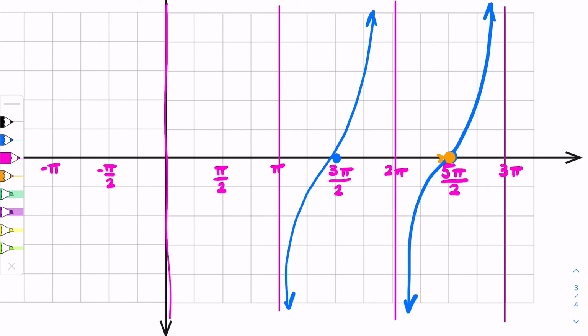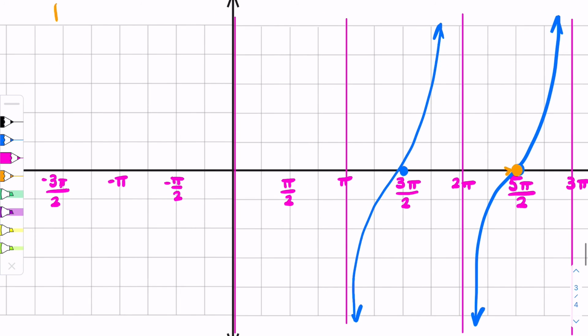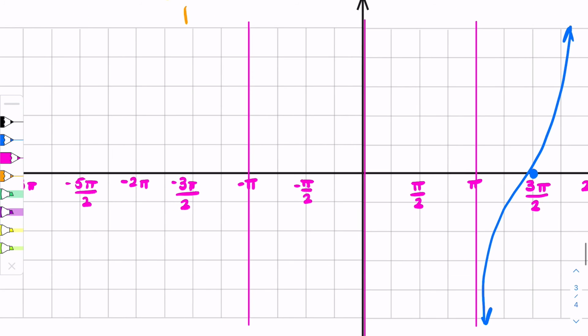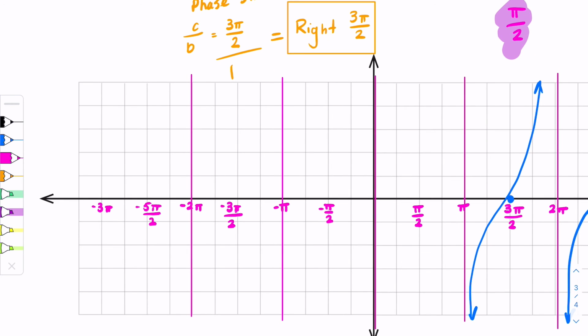Next asymptote would be at 0, and then at negative pi, and then at negative 2 pi. And if I just continue for the size of this graph, last one at negative 3 pi, with an x-intercept directly in between all of my asymptotes, and the tangent function repeating itself over and over.